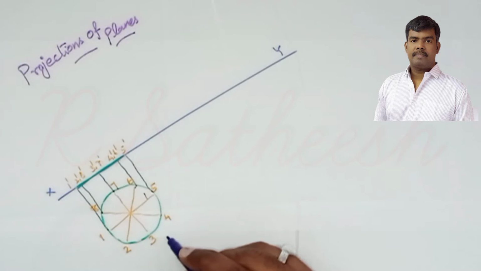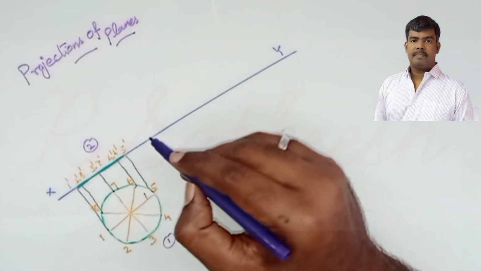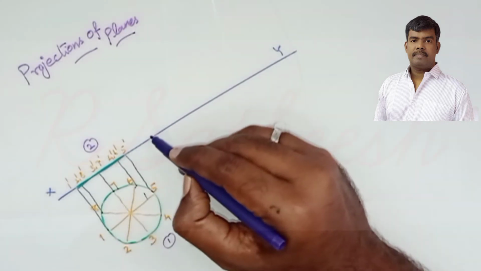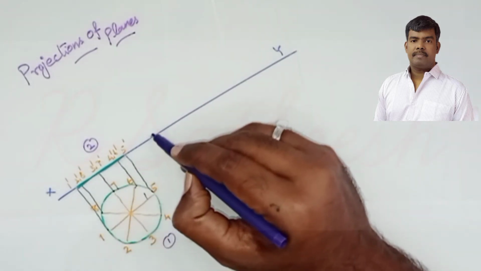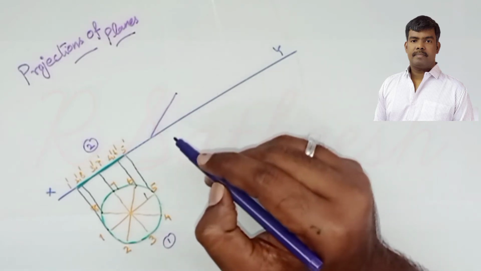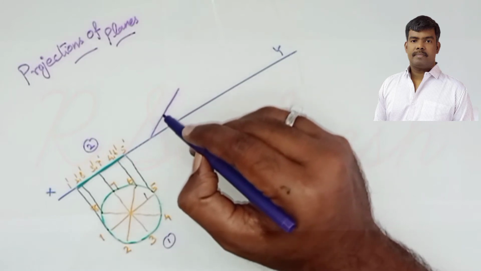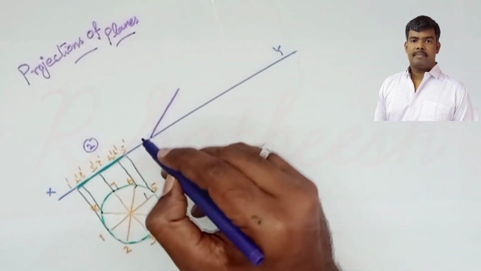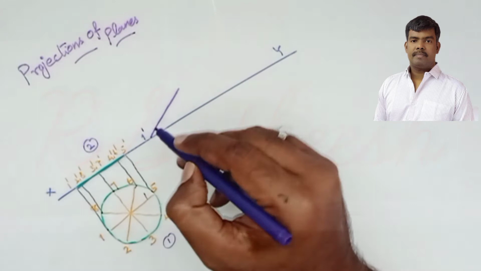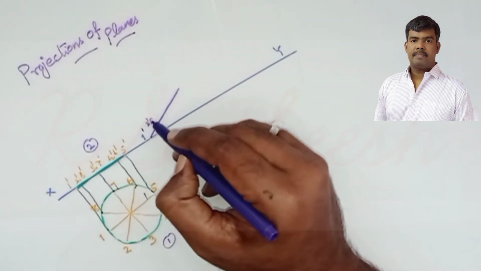Same, it is the first diagram, this one is the second diagram. Now the second and third have the same shape and size, same diameter, that is the straight line length. You tilt it, how much angle? As per the given, 45 degree inclined to HP. So, 45 degree inclined to HP, this one. So this one is 1 dash to 2 dash, that is called 2 dash, and this is 8 dash.